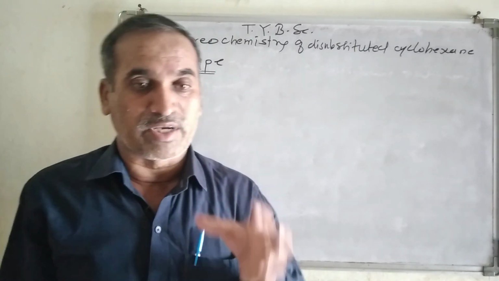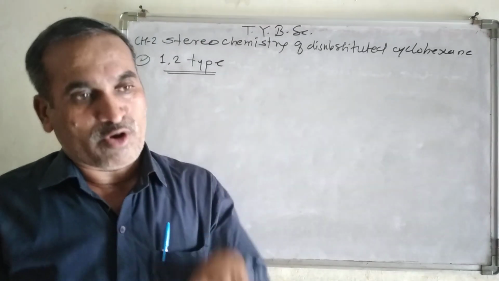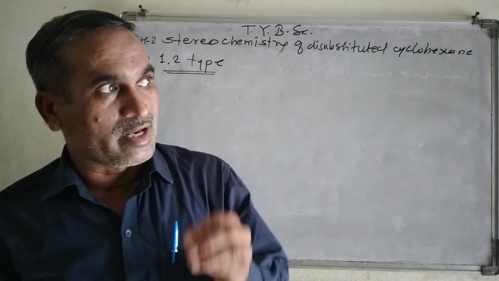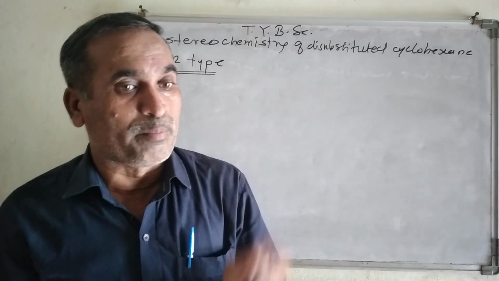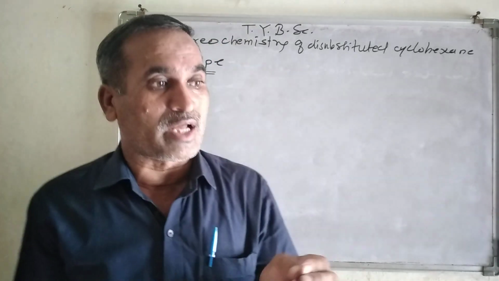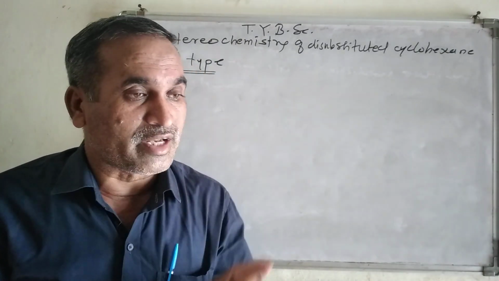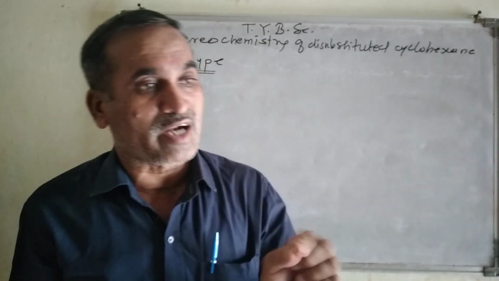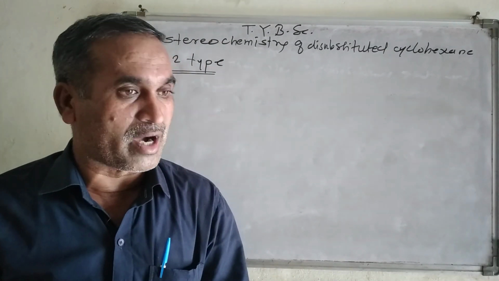Now the second one is optical isomerism. For optical isomerism, what is the criterion? The molecule should be chiral in nature. If that molecule is chiral, then it possesses optical activity, and it is an optically active compound.